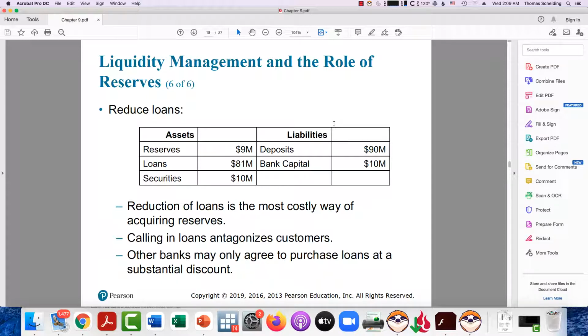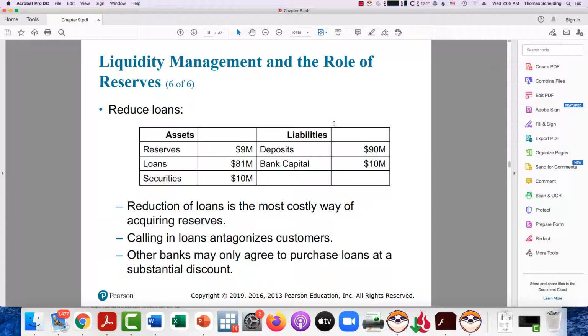You really don't want to do this. You don't want to manage your liquidity by lending money out to people and then all of a sudden saying, sorry, I need that money back. Legally, you're permitted to do that. You just don't want to be that entity, and you don't want to lose customers.